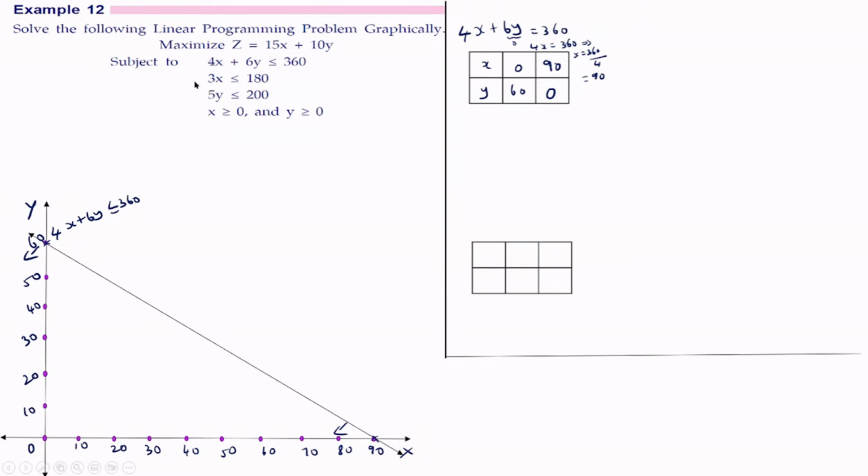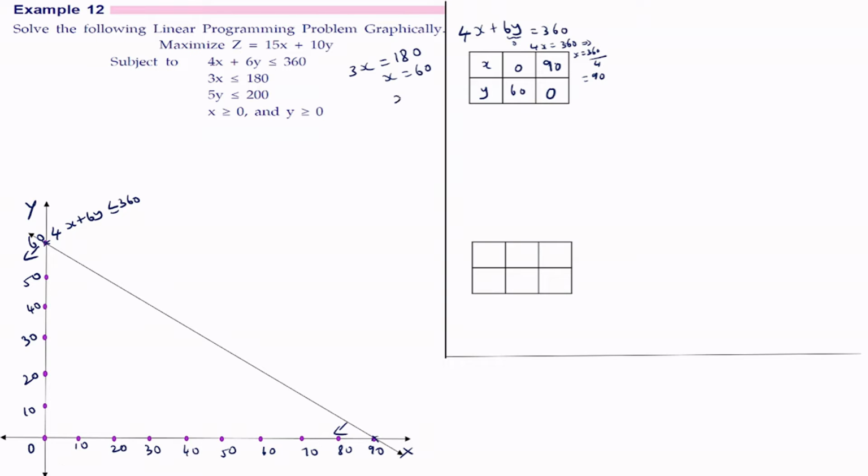And next we have the next inequality, 3x less than or equal to 180. If you want to draw the line corresponding to this inequality, we have 3x equal to 180, or x is equal to 60.